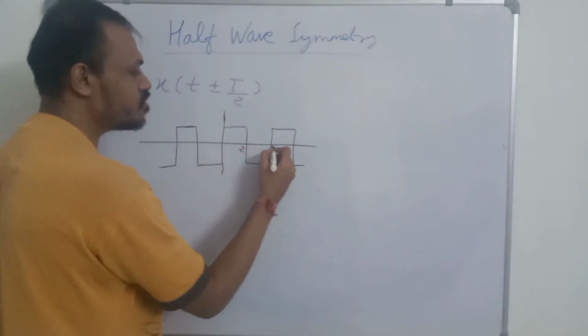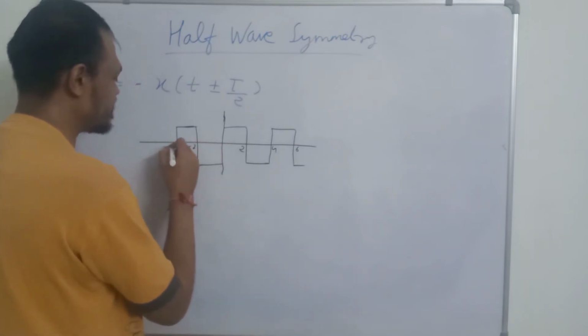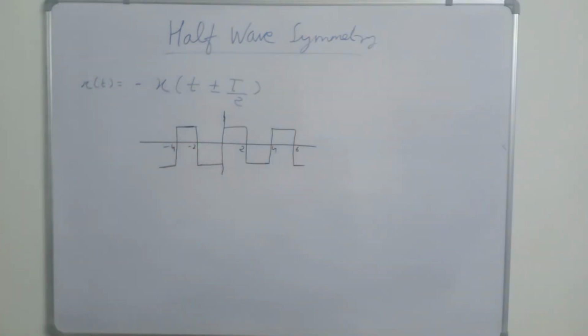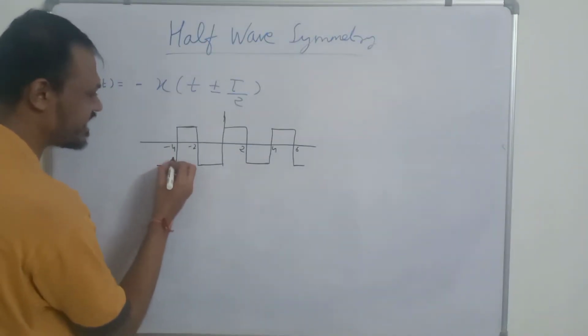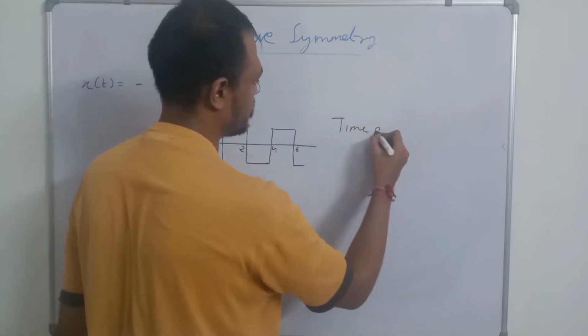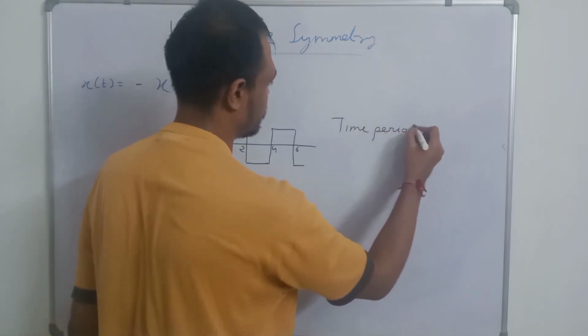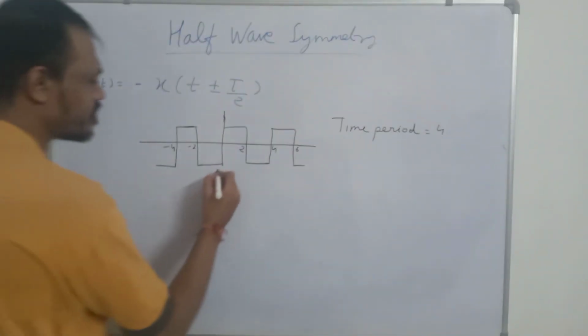This is time 2, this is time 4, this is time 6, this is time minus 2, this is time minus 4. So we can see that the time period of this signal is 4. This is my signal x of t.